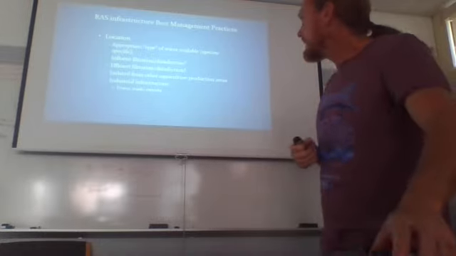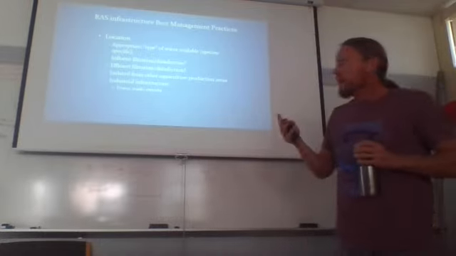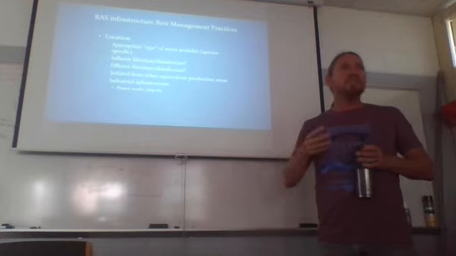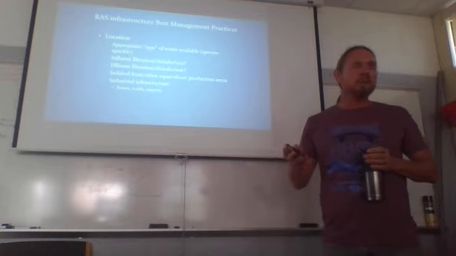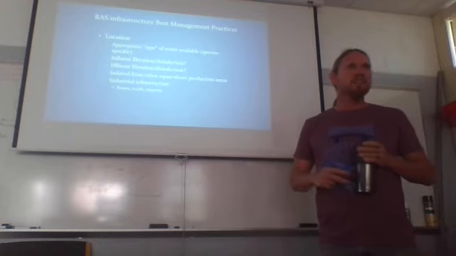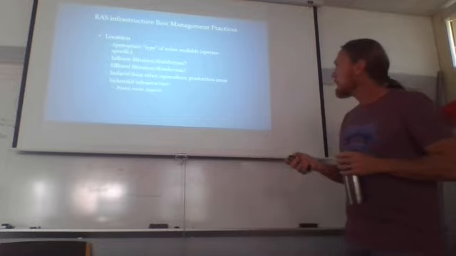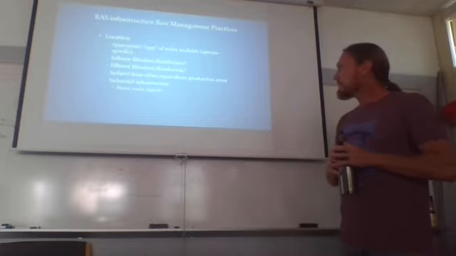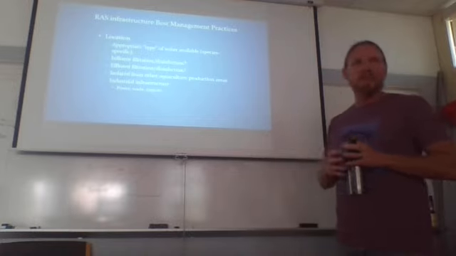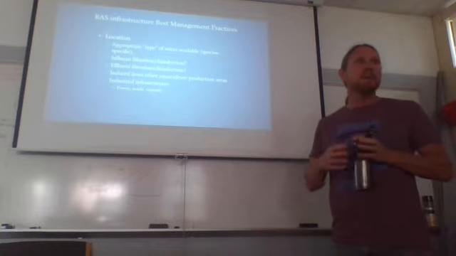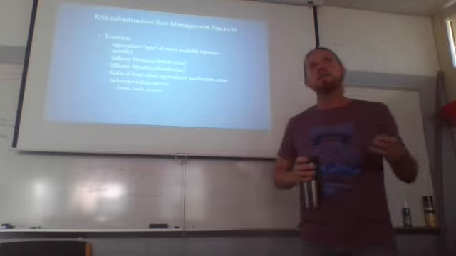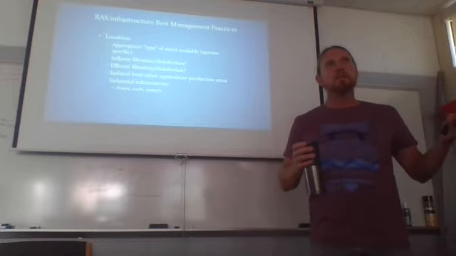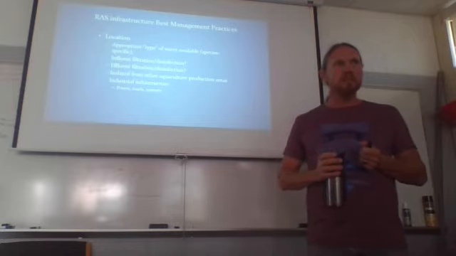Things you need to take into account. Location is very important. No matter what kind of organism you want to raise, location is always going to come into play. You can't easily grow anything anywhere. And so you want to make sure that the kind of water you're going to need is available to you. You can mix up synthetic seawater anywhere, but that's a cost analysis that you're going to have to do.